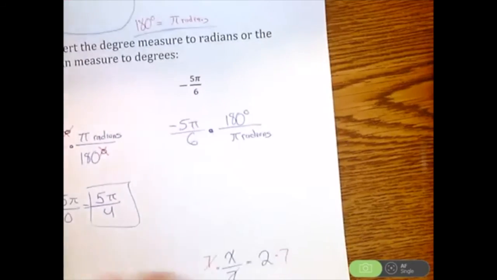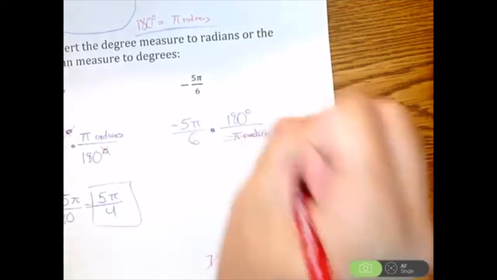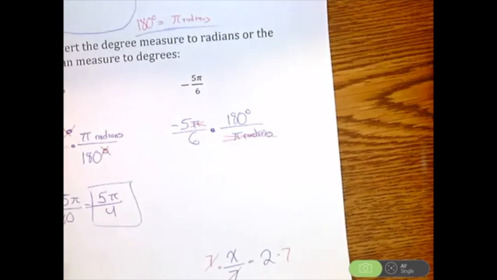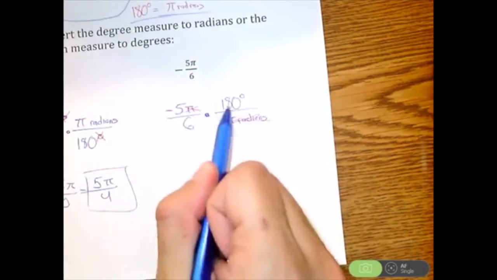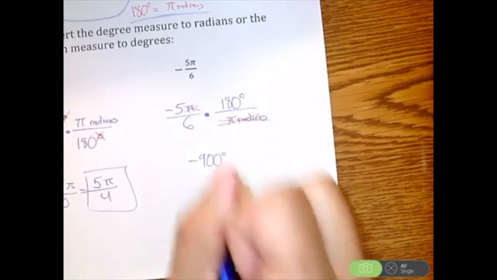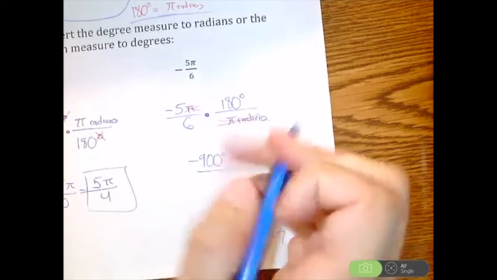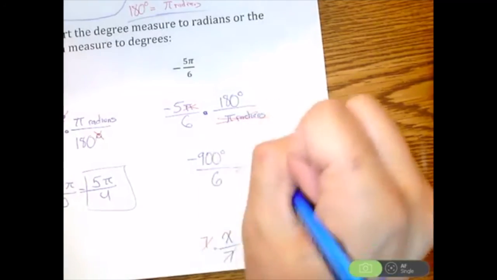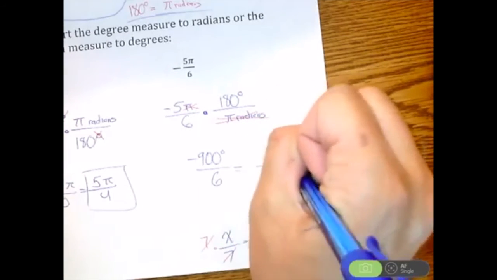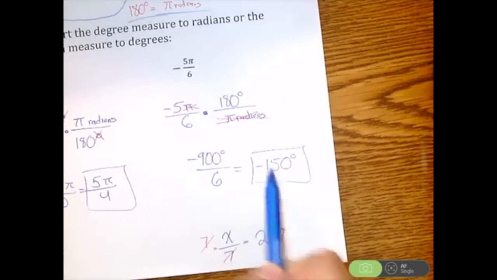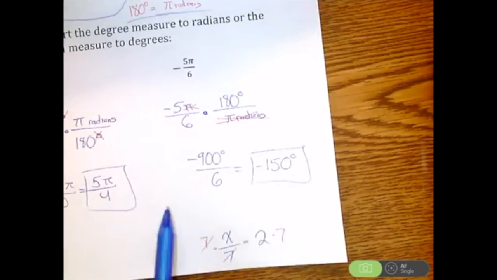The reason this works is I'm going to be able to take this pi radians and cancel that with pi, because I have the same thing top and bottom. So if I multiply here, negative 5 times 180 is negative 900 degrees, divided by, and all I have is a 6 on bottom. So I have negative 900 degrees divided by 6, which when you divide that, you get negative 150 degrees. So negative 5 pi over 6 is negative 150 degrees.